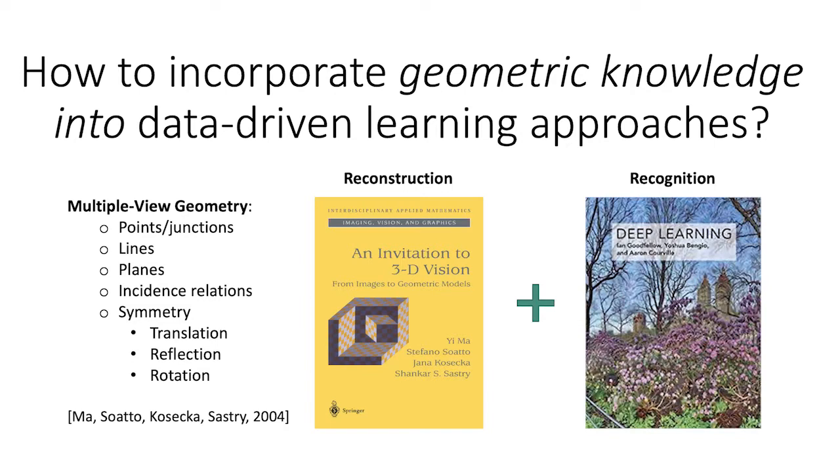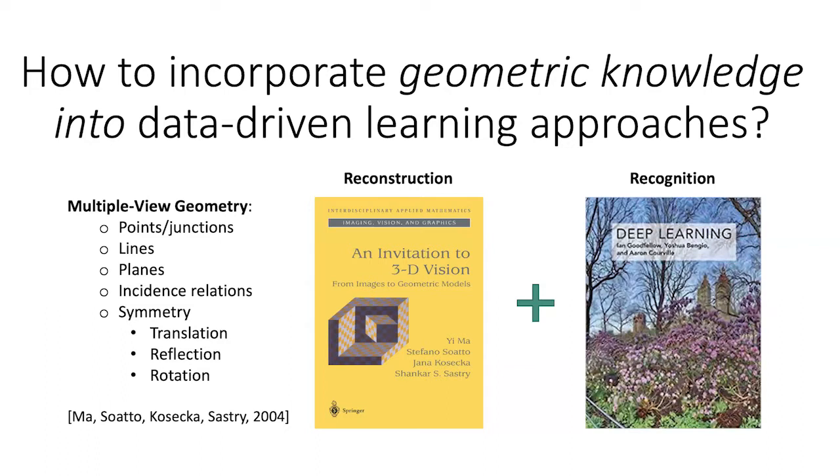About 20 years ago, we understood the multi-view geometry of not just points and junctions, but also lines and planes. Actually, all the incidence relationships among lines and planes, and also symmetries, all types of symmetric objects. I think the former talks also mentioned that those are very important for global understanding of the scene. But barely any of them have been really used, or we don't even know how to use them for 3D reconstruction purposes.